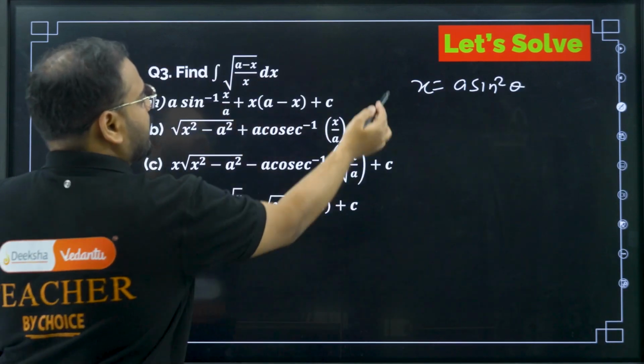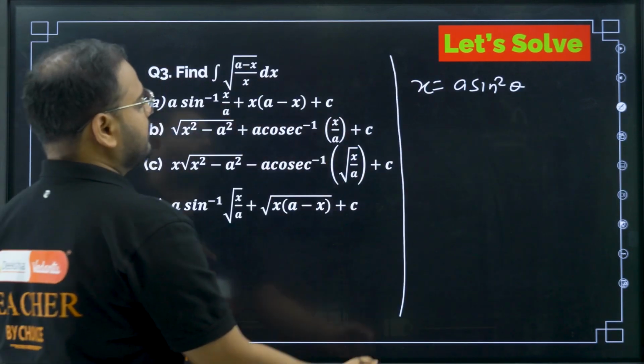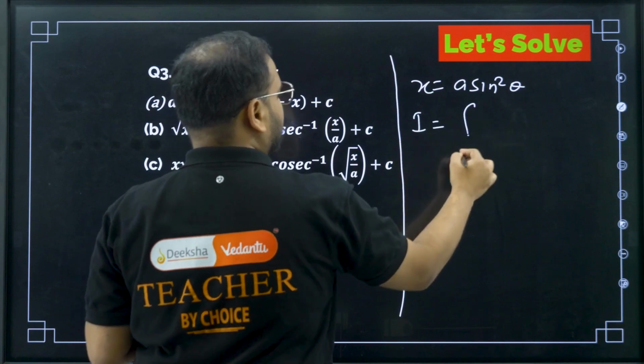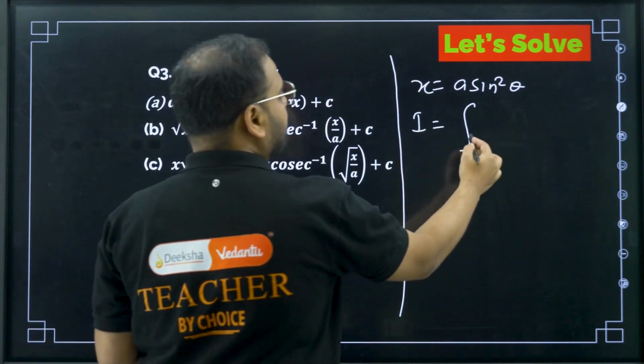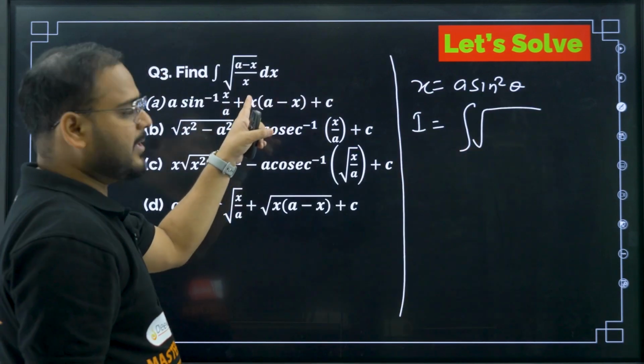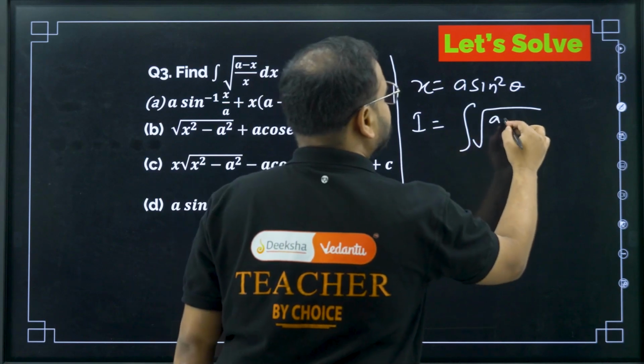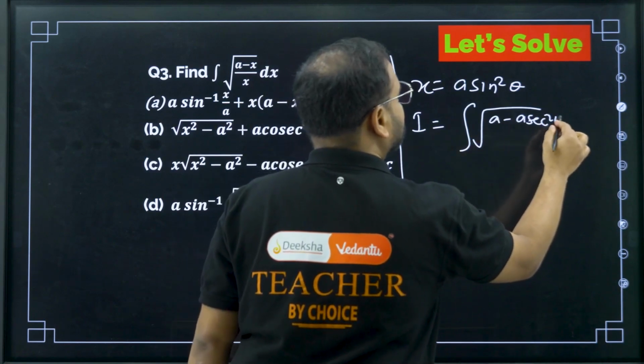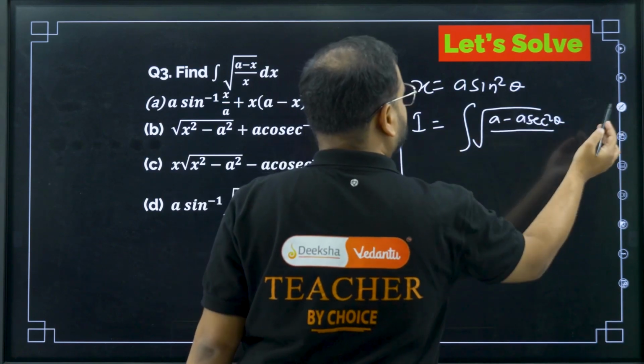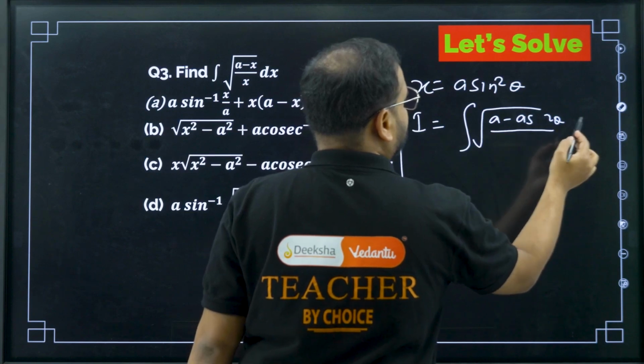Now please check after substitution what it's going to be. My integration will become the integration of the root, a minus x, divided by x. I'll replace x by a sine square theta.